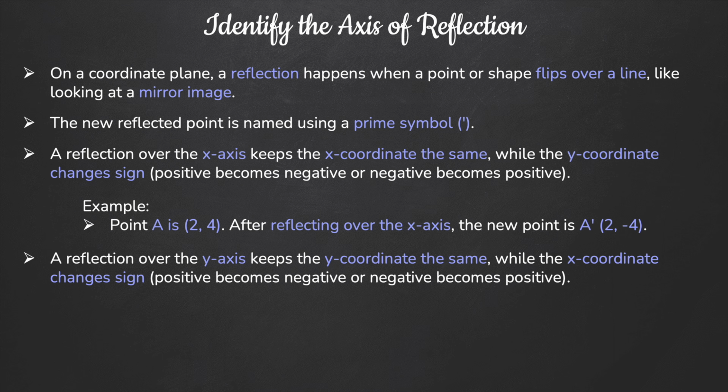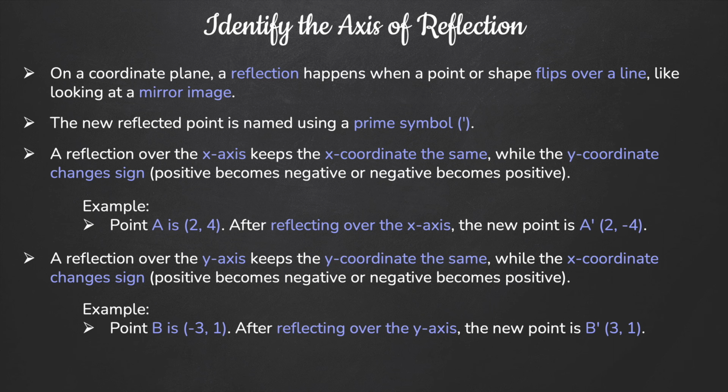If we had a reflection over the y-axis, then the y-coordinate stays the same while the x-coordinate changes sign. So a positive would become negative or a negative would become positive. So for example, here we have point B, which is at negative 3, 1. After reflecting over the y-axis, the new point would be B prime, which is 3, 1.